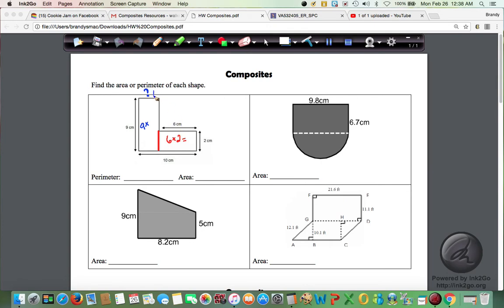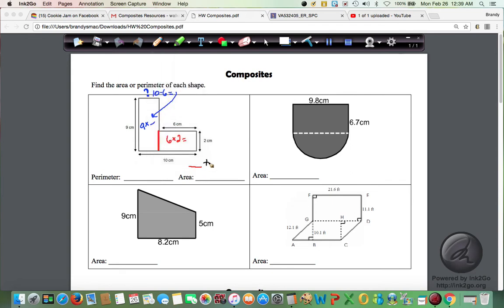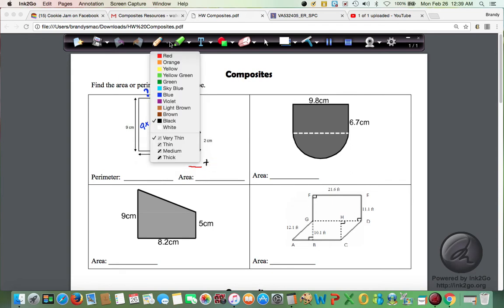So to solve this, you need to say 10 minus 6. And that is going to be what you put there. That's going to be what you multiply by 9. So to find area of the whole thing, you're going to take your first area and you're going to add it to this second area.